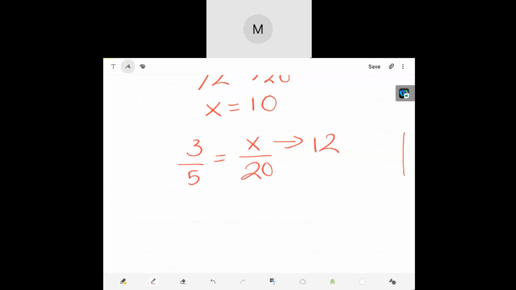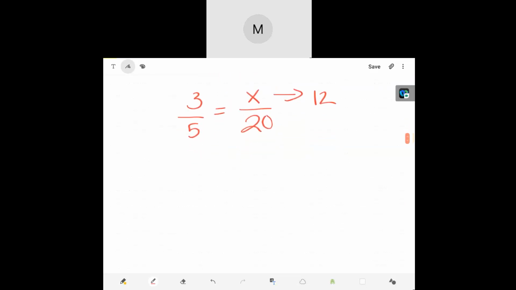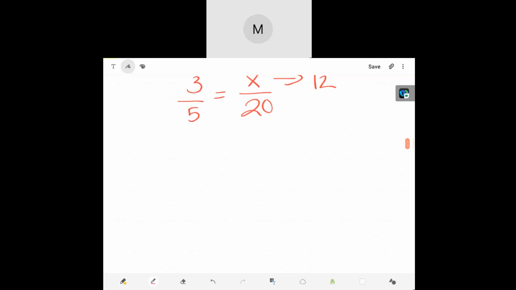In all of these questions, especially the word problems, one suggestion is that you keep the same units on the same sides. What I mean by that is, in that previous example of boys over girls ratio, let's say I had one girl for every two boys.